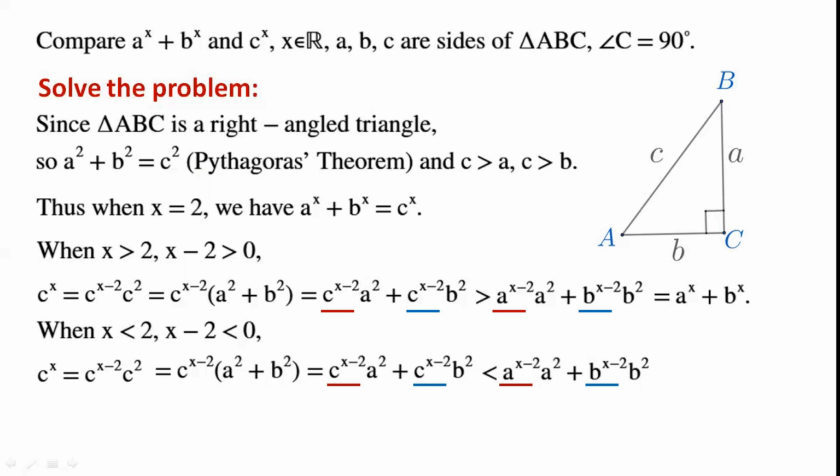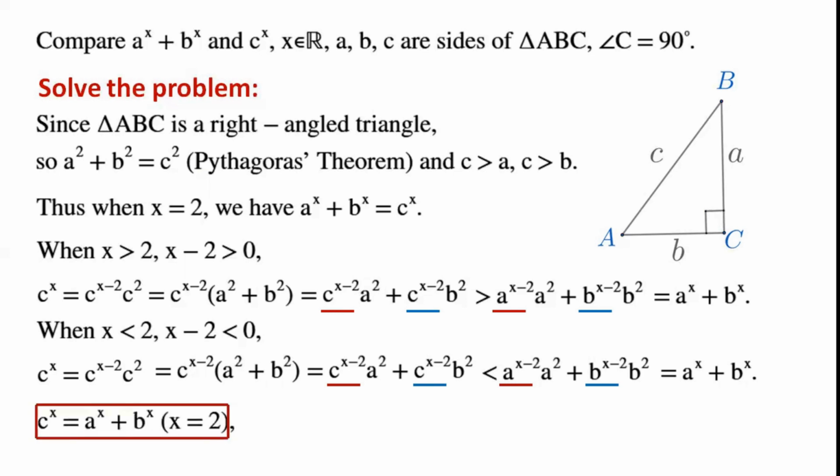Similarly, c to the power of x minus 2 is less than b to the power of x minus 2. Again, a to the power of x minus 2 times a squared equals a to the power of x. B to the power of x minus 2 times b squared equals b to the power of x.